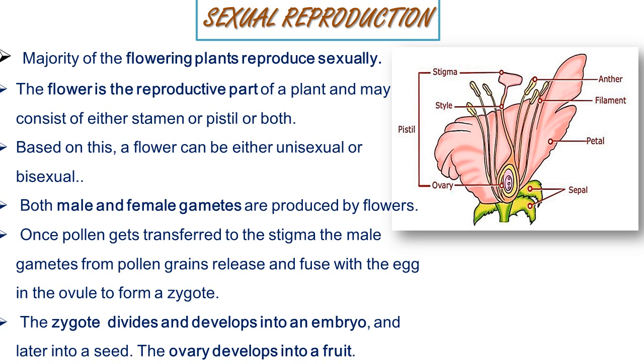The zygote divides and develops into an embryo, which later forms a seed, and the ovary forms the fruit.